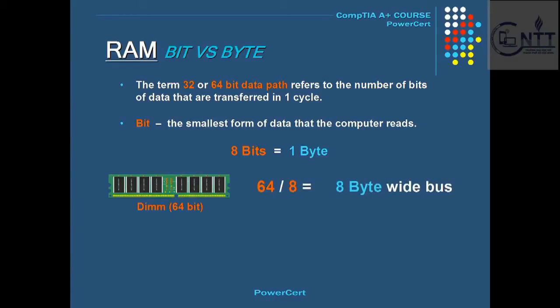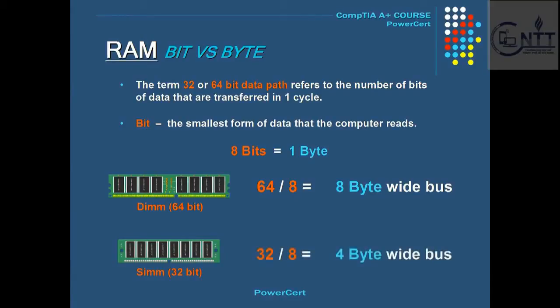And if a memory SIMM that is rated to have a 32-bit data path, then that means that it has a 4-byte wide bus, because 32 divided by 8 equals 4. So that's why DIMMs are faster than SIMMs. Now this information will be useful in an upcoming lesson on how we determine the exact bandwidth of memory modules.